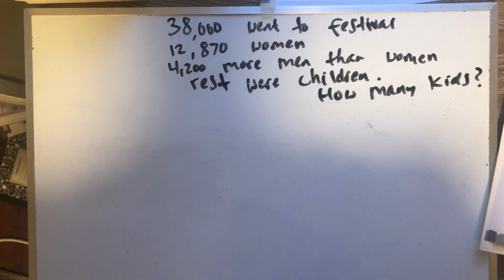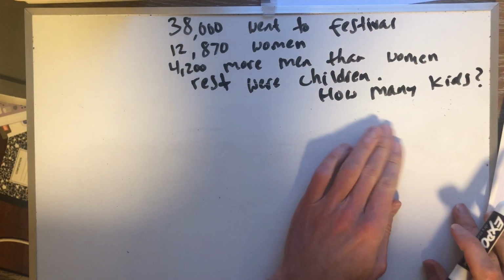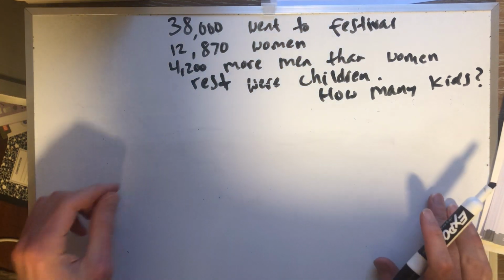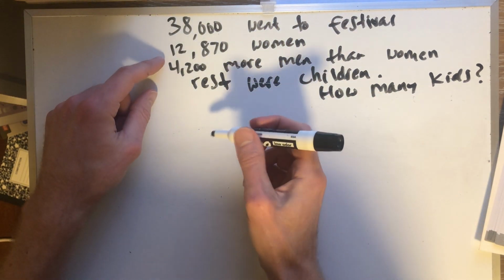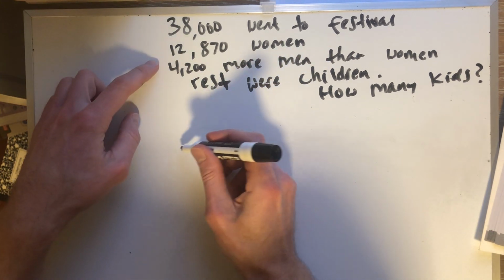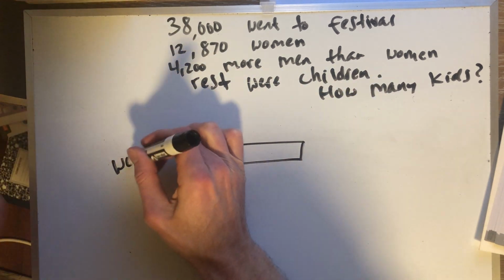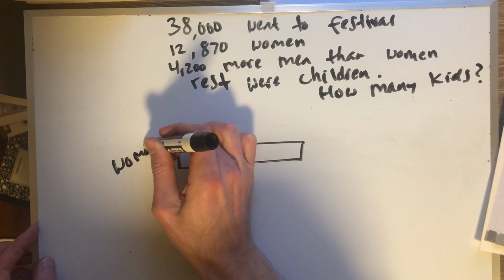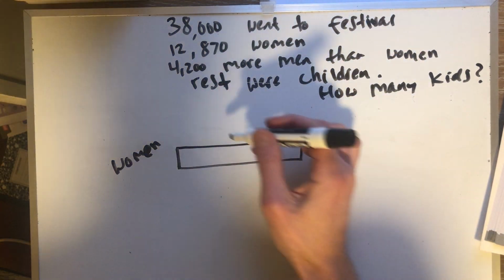So let's draw that in some models here. Right now it's like a bunch of numbers that are kind of hard to even understand. So let's draw it out. How many women went to this festival? It's 12,000. So this is women. 12,870 went.